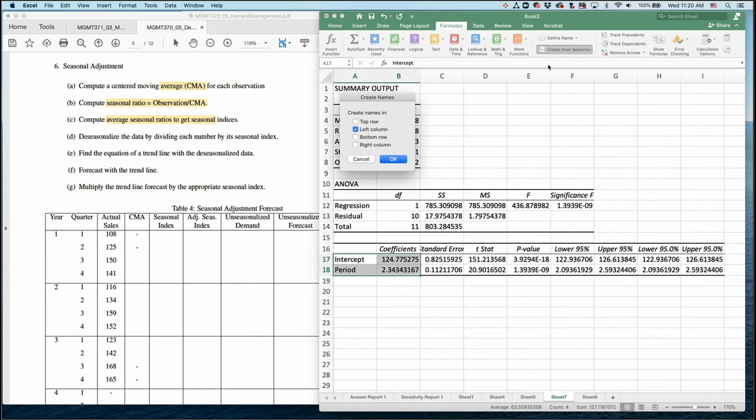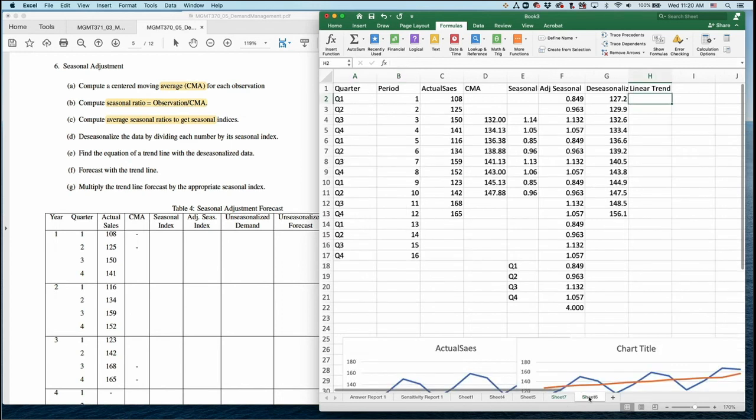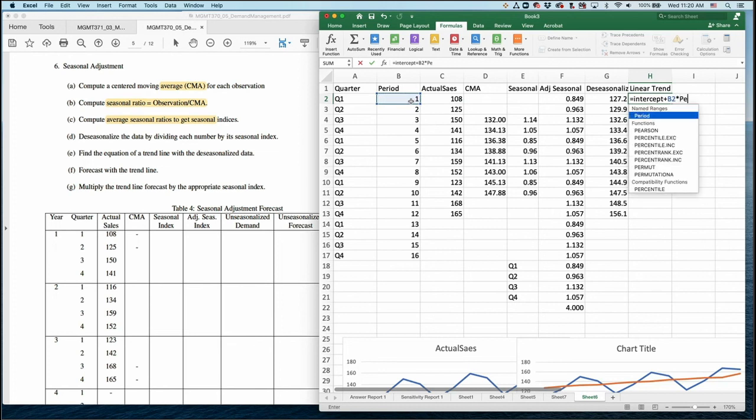I'm going back to the original data set here. So we can use the intercept plus the period index times the coefficient, right? And this is your linear trend. So we can forecast a linear trend like this.